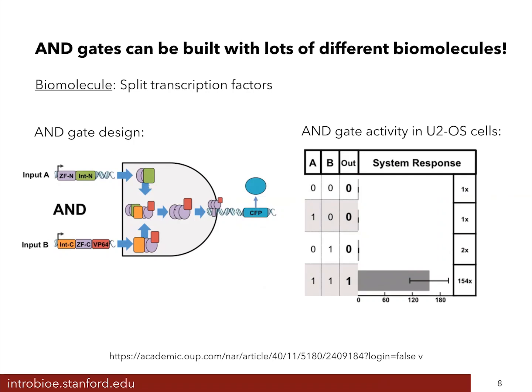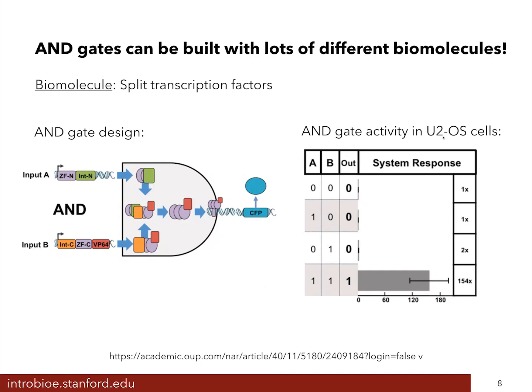Once both halves are made, they can bind together and activate an output promoter. And in this case, it's driving expression of a different fluorescent protein called cyan fluorescent protein. These are just different colors of fluorescent protein. The activity of this type of AND gate was assayed in a type of mammalian cell line called U2OS cells.